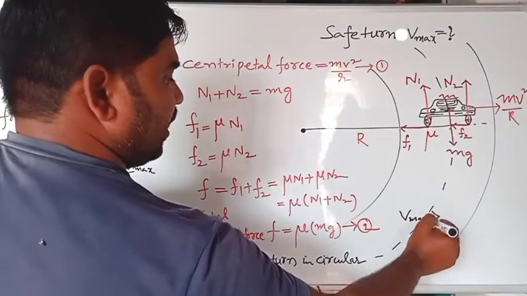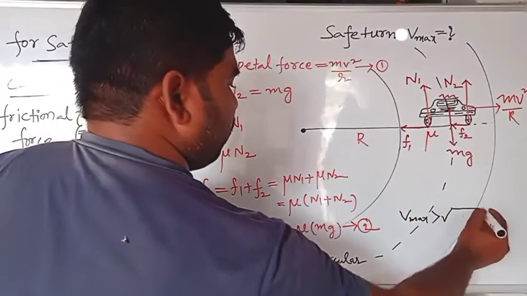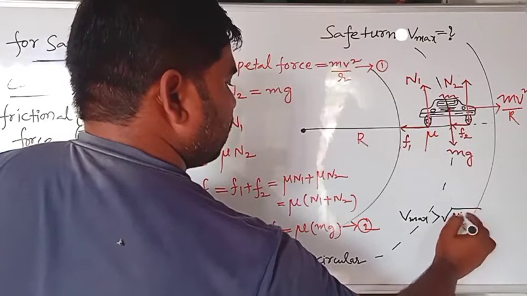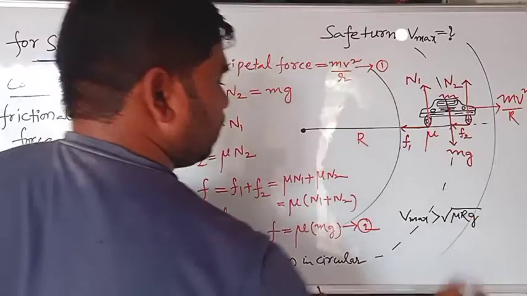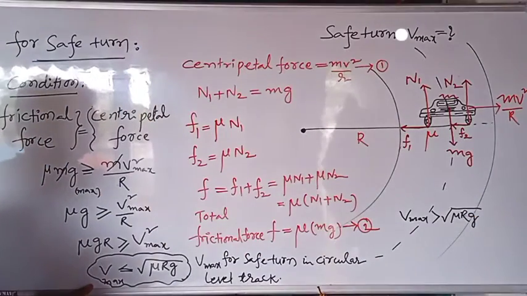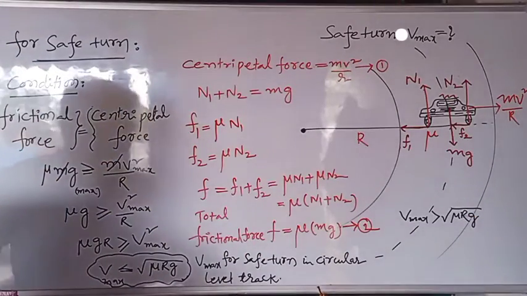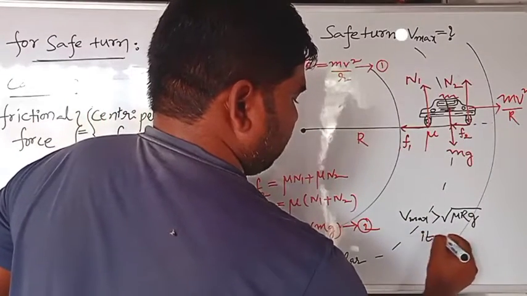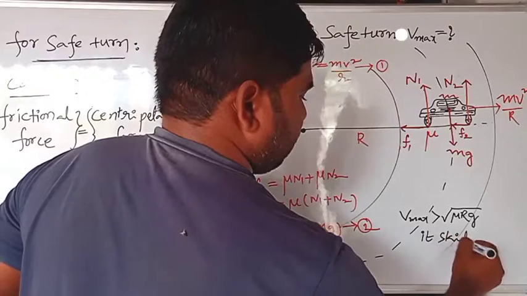V maximum is greater than root mu R g. In this case, the velocity is more than the frictional force can handle. Then here the normal reaction will be 0. Then automatically it will skid outward.